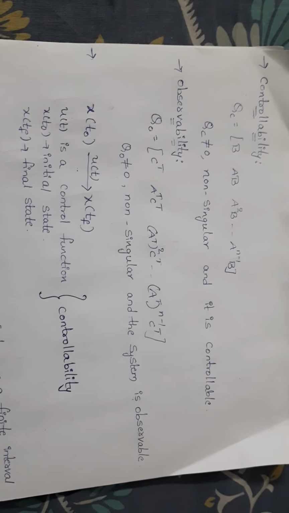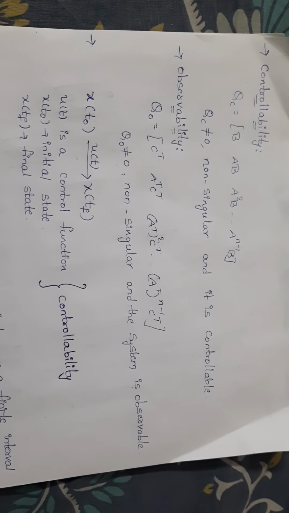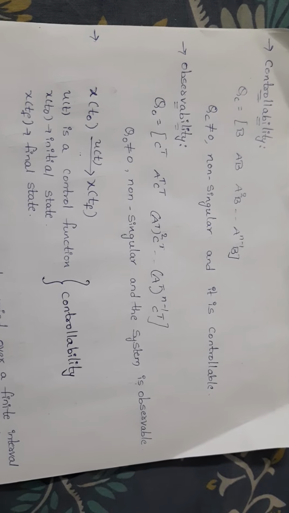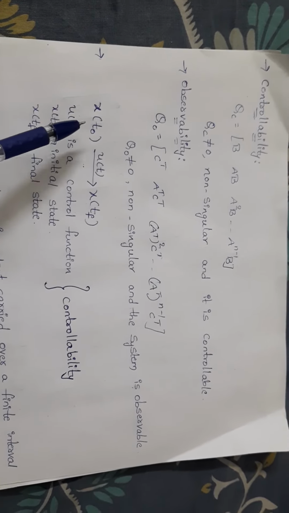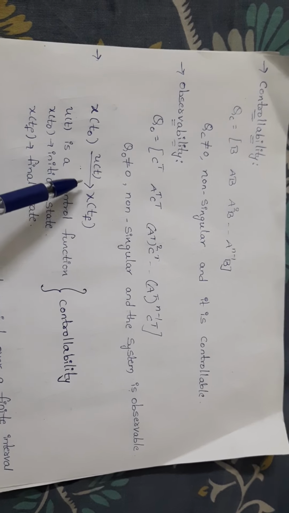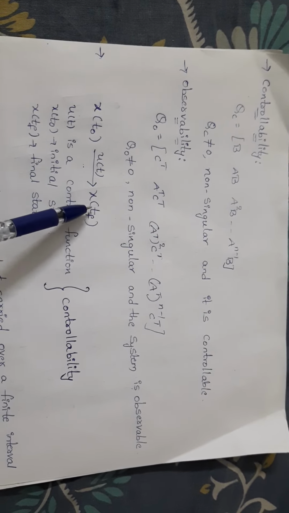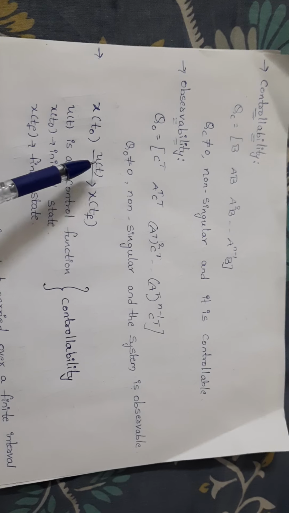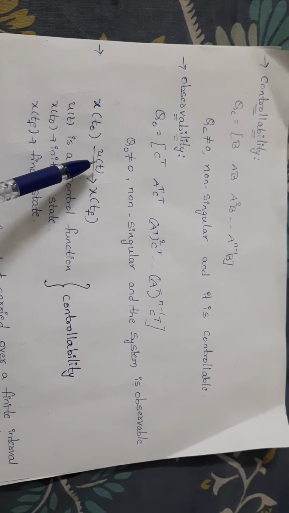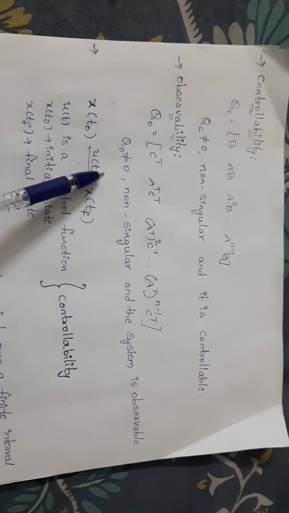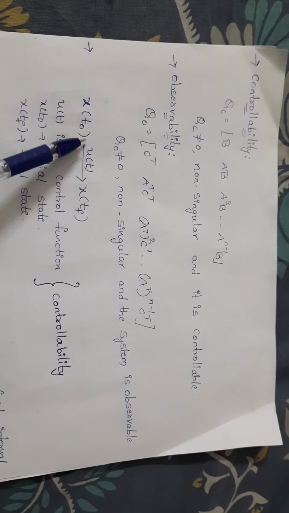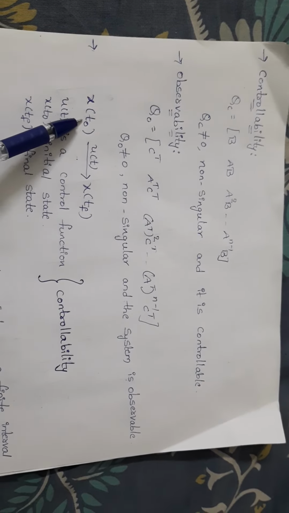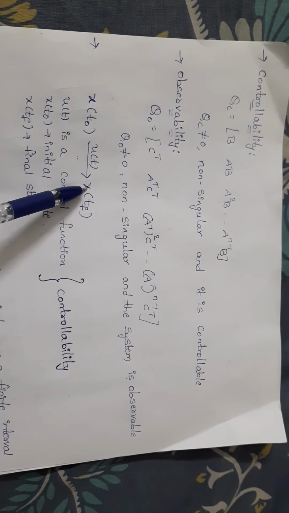Hi everyone. Today we are going to see the concept of controllability and observability. If the initial state is given as x of t naught, and you want to get x of tf by using a control function u of t, that means this control function is going to transform the initial state x of t naught to the final state x of tf.